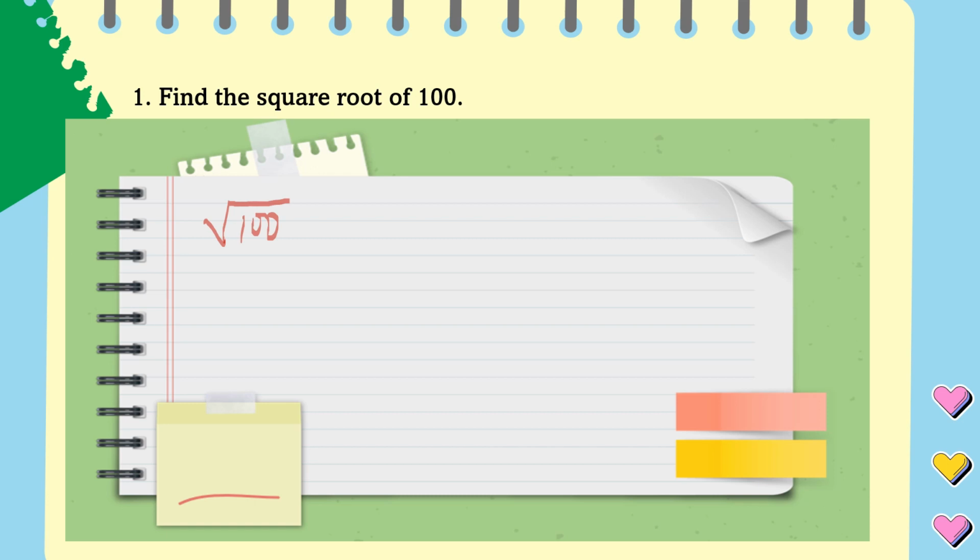The square root of 100 can be obtained by finding two equal factors whose product is 100. So the square root of 100 is equal to 10. Why? Because 10 times 10 is equal to 100.